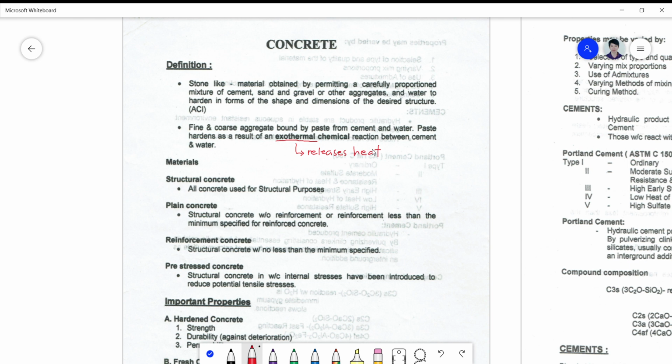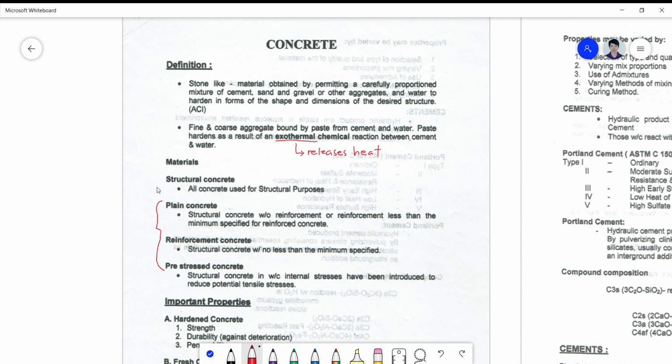So for the types of concrete as a structural material, we have actually four types, or rather three types. These three types here are actually categorized under the structural concrete type.